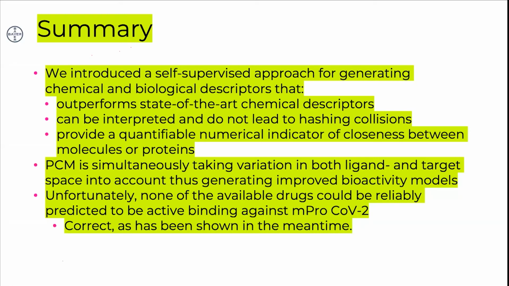For example, they don't lead to any hashing collisions, which typically come when you boil down the really large space of ECFP fingerprints, in the range of billions, to a fixed-size vector of 1024 or 2048. It also gives you a very easy way to calculate closeness between molecules, because you can just calculate the cosine similarity between these continuous representations instead of the Tanimoto similarity between binary representations.